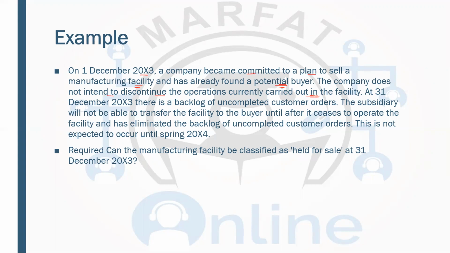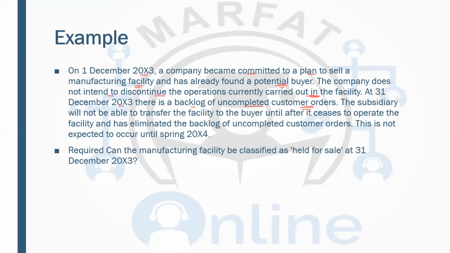The company does not intend to discontinue the operations currently carried out in the facility. That means one of the major criteria is not met, that the asset should be available for immediate sale. But now this is not met because the company does not intend to discontinue the operations. At 31st December 2003, there's a backlog of uncompleted customer orders.